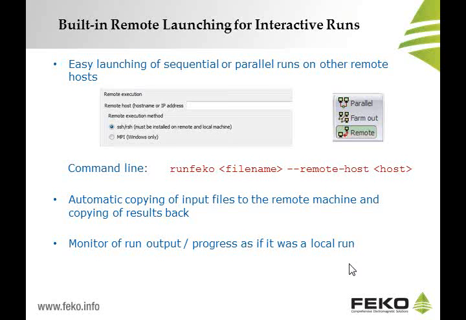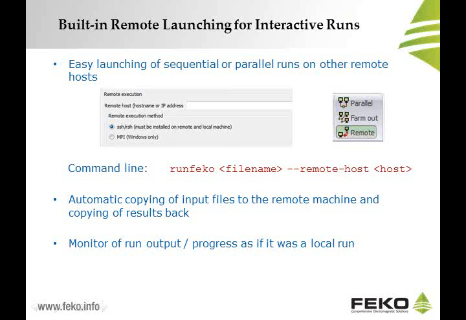This is accomplished by first configuring it with the host name, then defining whether an SSH or MPI-based solution should be used, and then activating the remote button in the Run Launch panel. Remote launching will be active, or it can be done from a script with the --remote host option, specifying the IP address or the host name.